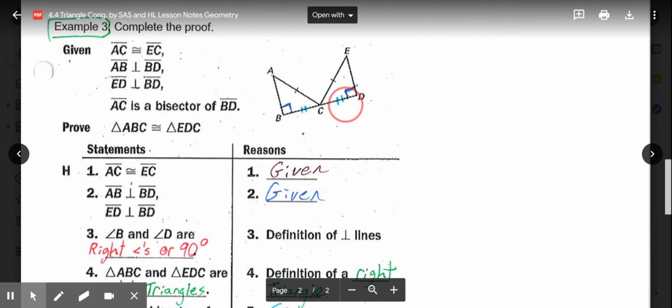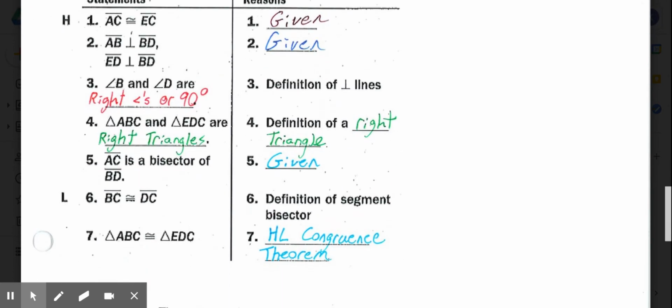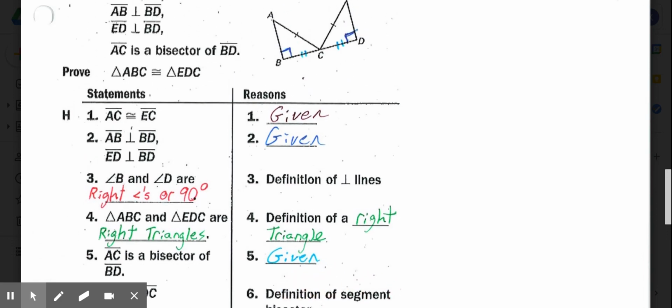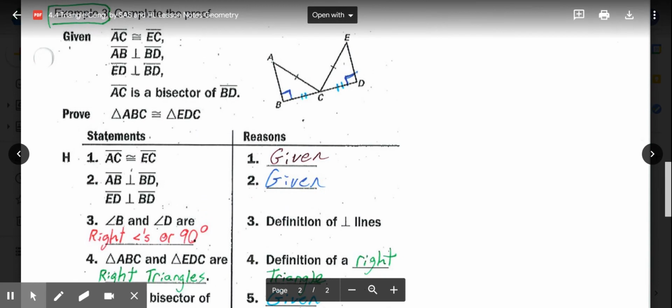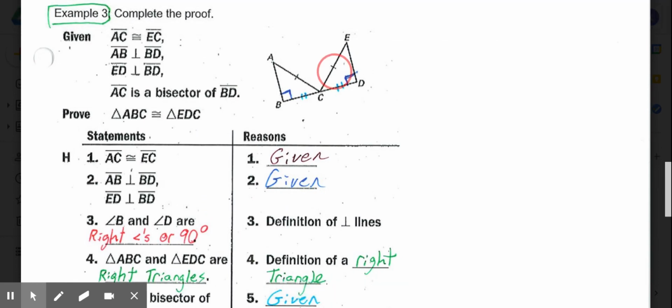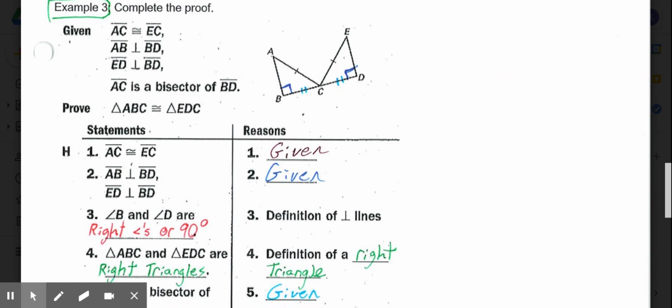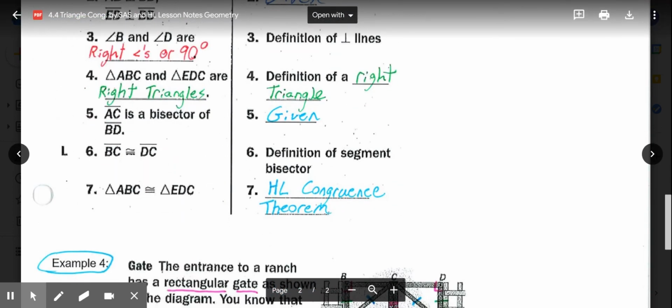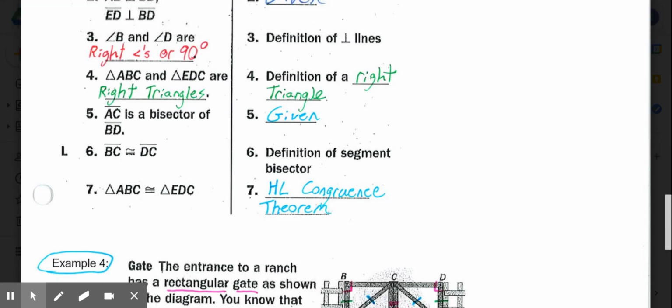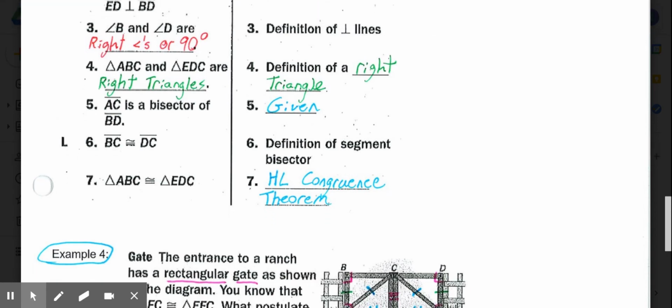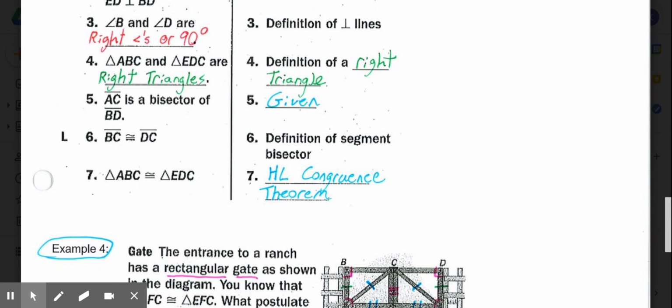So BC was congruent to DC from that definition of a bisector, or in this case, segment bisector. Now, if you look at our two triangles, we have a hypotenuse and a leg on each that are congruent. They're both right triangles, so I can now state ABC is congruent to EDC from the hypotenuse leg congruence theorem.